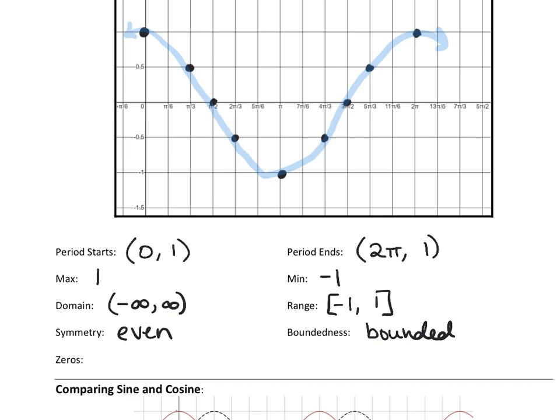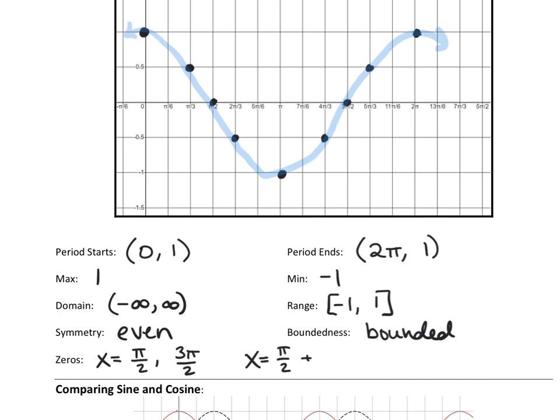When we look at the zeros here, what's the first time you run into an x-intercept? Pi over 2. What's the next time you run into an x-intercept? Great. So we're going to use that information to create my little formula. The formula for the general solution is the first time you see a 0, which for cosine is pi over 2, plus the distance it takes for another one to show up.